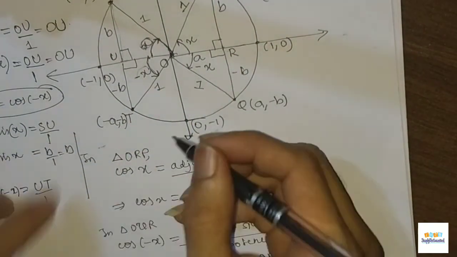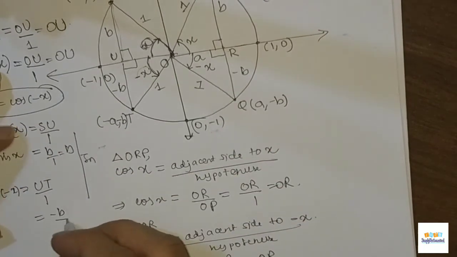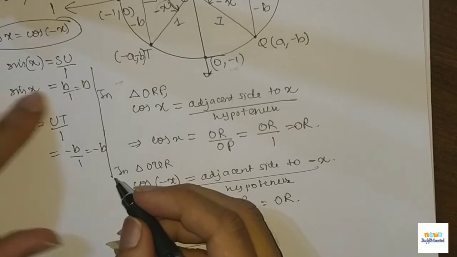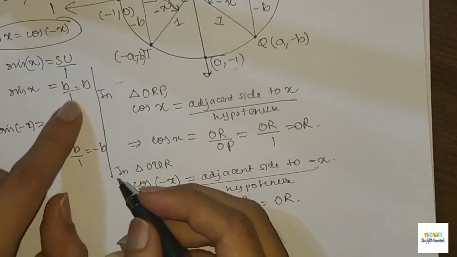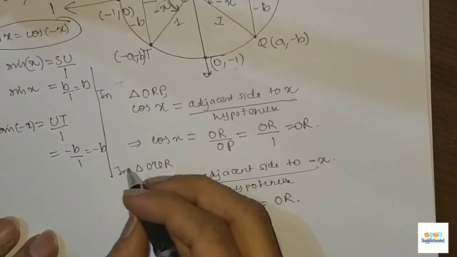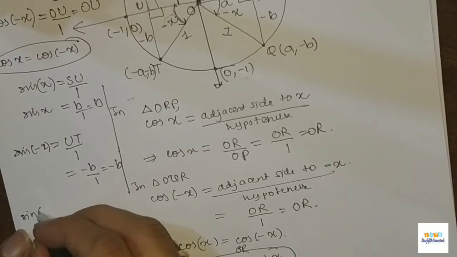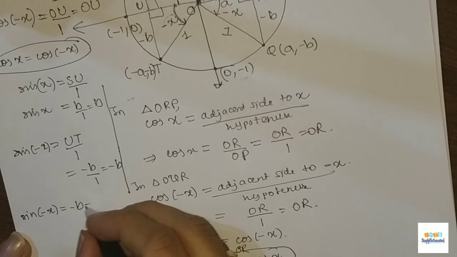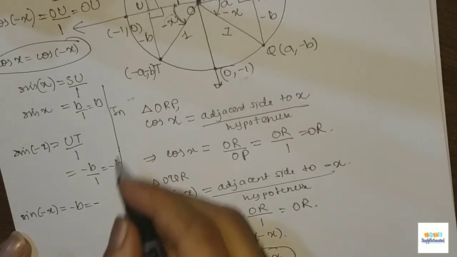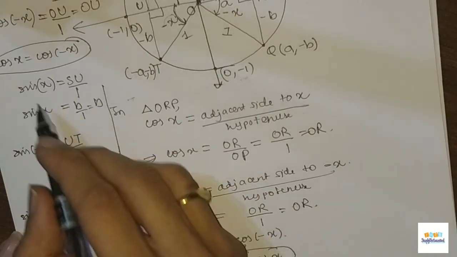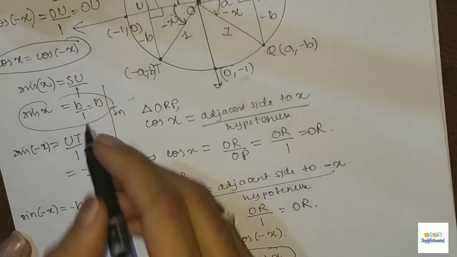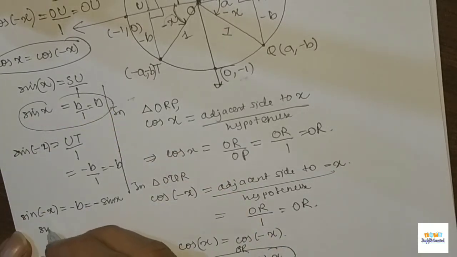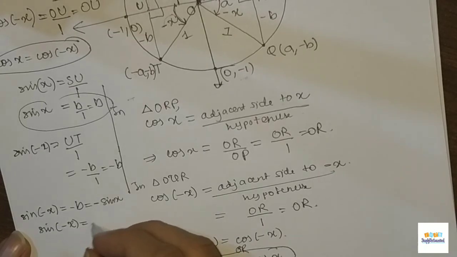So UT is minus B divided by 1, which is minus B. So what you get here is sine of x is B and sine of minus x is minus B. So sine of minus x, which is minus B, will be equal to what? B is sin x, so you'll get minus sin x. So what you get is sine of minus x is minus sin x.